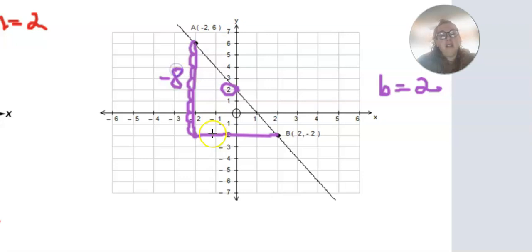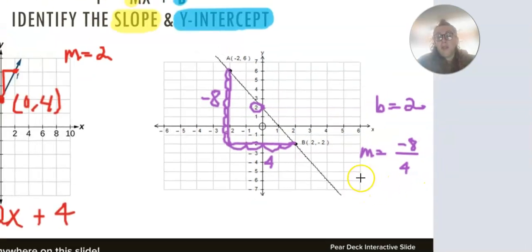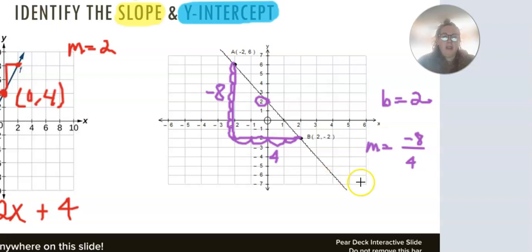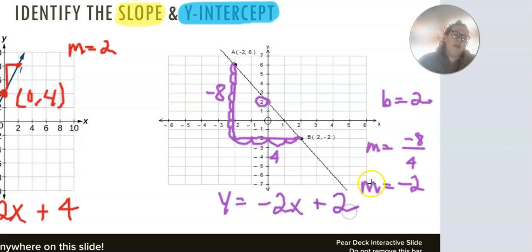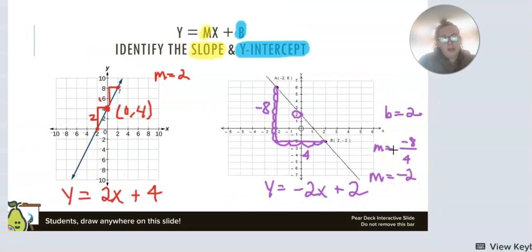We went down 8 and over 1, 2, 3, 4. So our slope is negative 8 over 4, which can be reduced. Negative 8 divided by 4 is a negative 2. So our line for this equation would be y equals negative 2x plus 2 for our y-intercept.